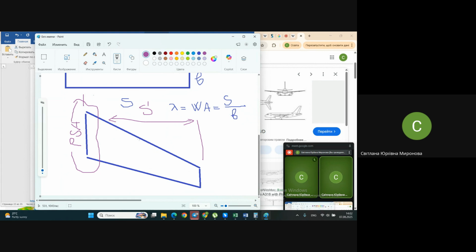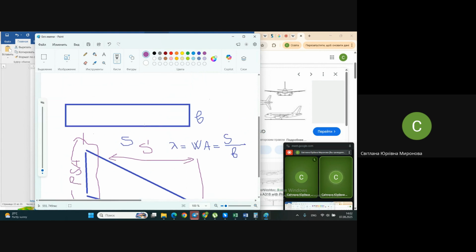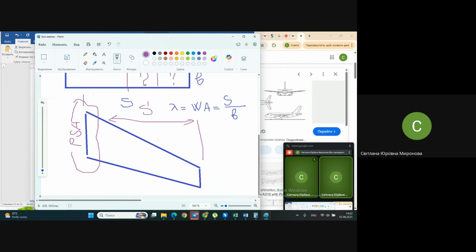The area from one side of the mean chord and the other side of the mean chord is the same. It's clear if we try to analyze a straight wing. Where is the mean chord? Here, in the middle. And the areas in this place are the same. How to calculate it here?